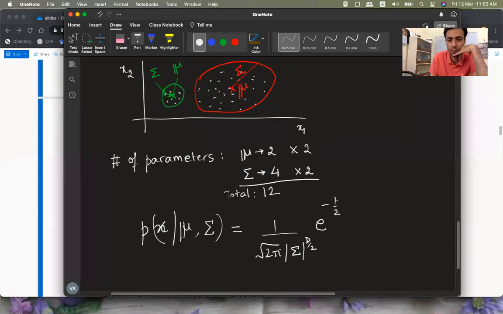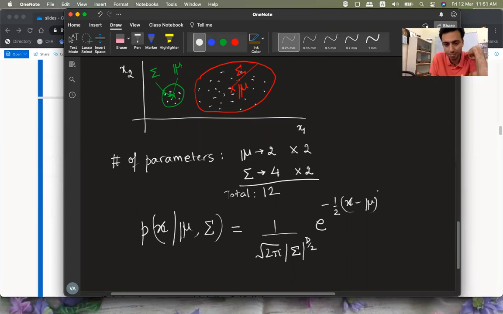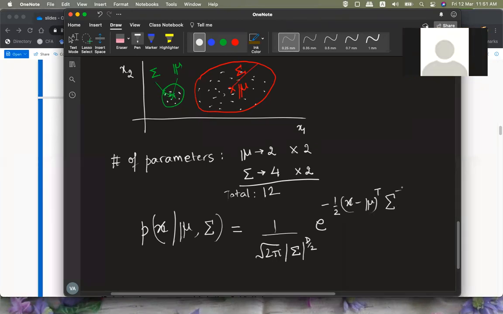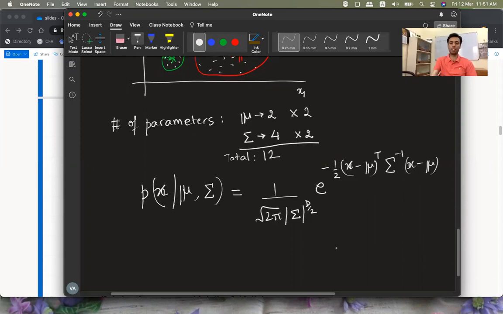Then exponential of minus 1 upon 2, x minus mu transpose, sigma inverse, x minus mu. So this is what we get. This is called the Gaussian distribution.